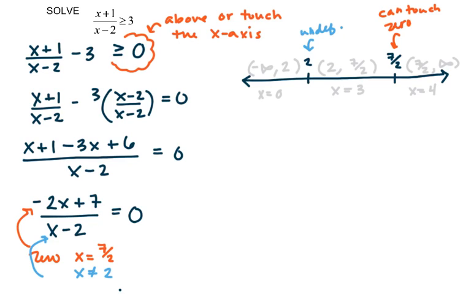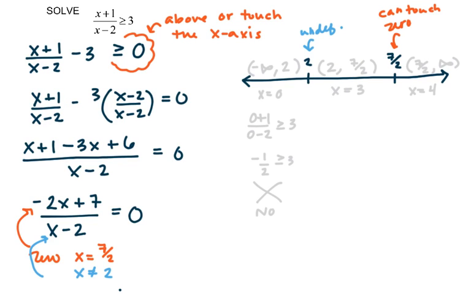If I plug in 0 to the original one that's typed on this page, I get 0 plus 1 over 0 minus 2 greater than or equal to 3, which is -1/2 is greater than or equal to 3. And we all know that -1/2 is not greater than or equal to 3. So that region is not going to be included.